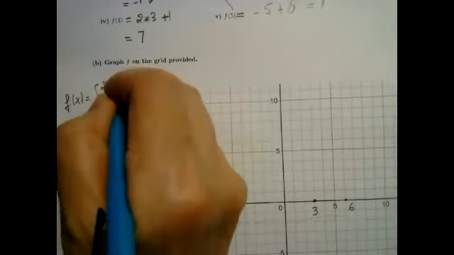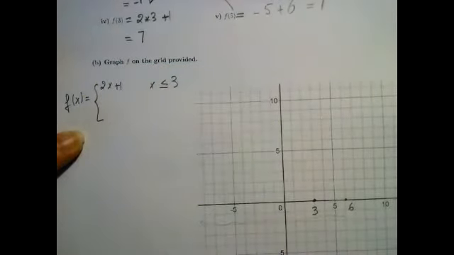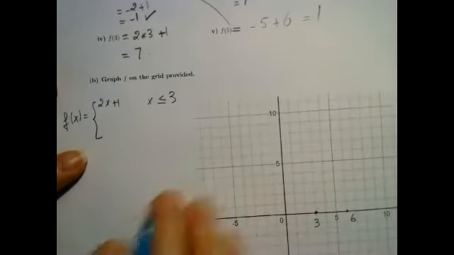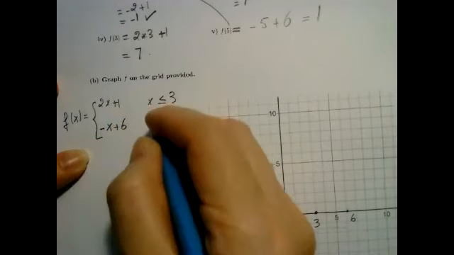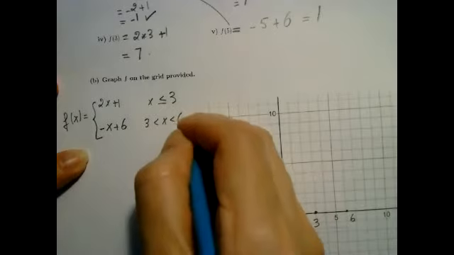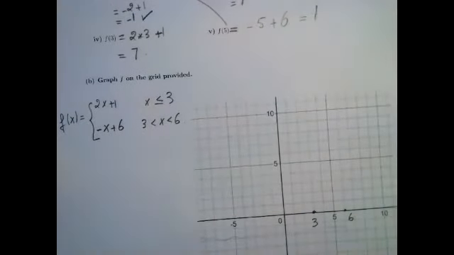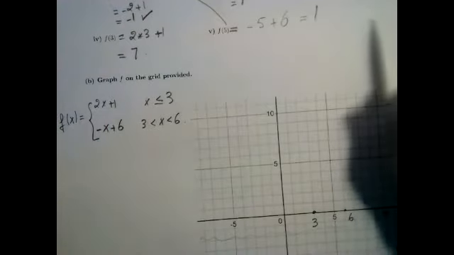That's the first rule. When x is less or equal to 3, that's rule 1. And it is minus x plus 6 when x is between 3 and 6. These are the rules.